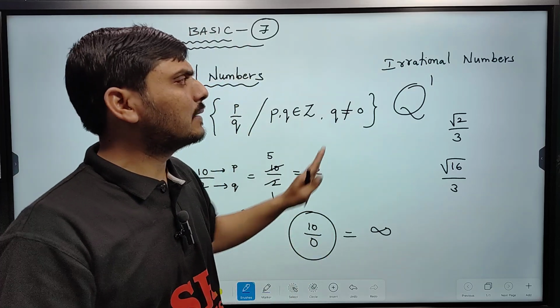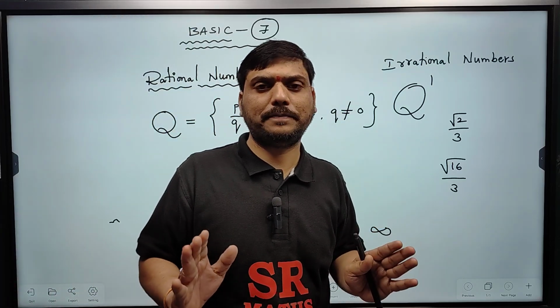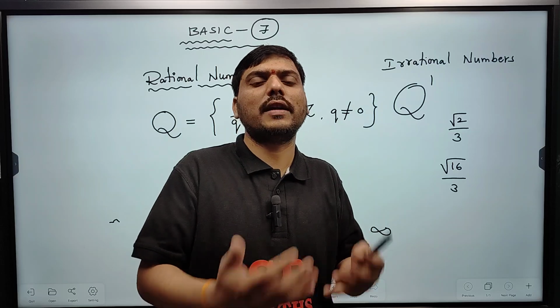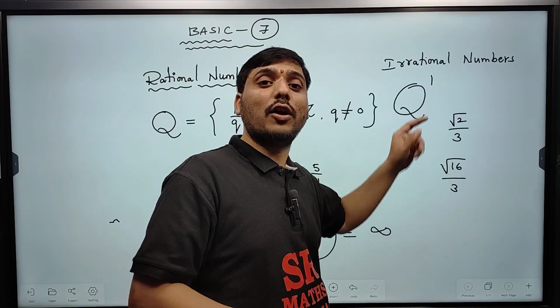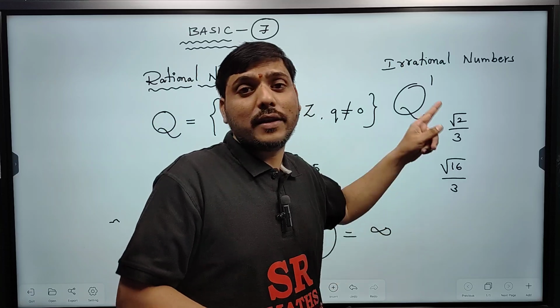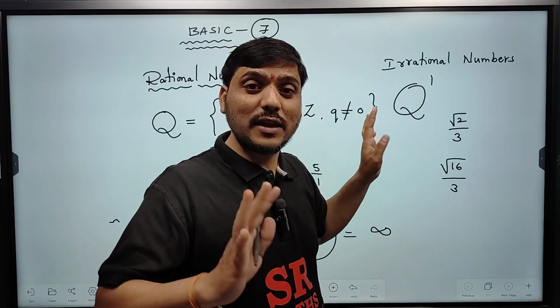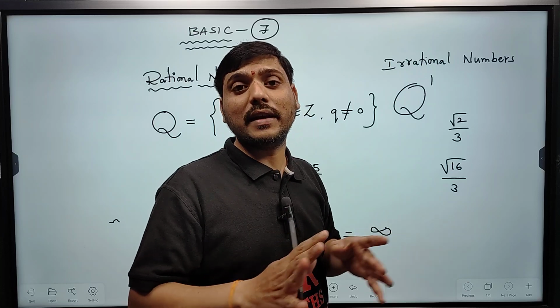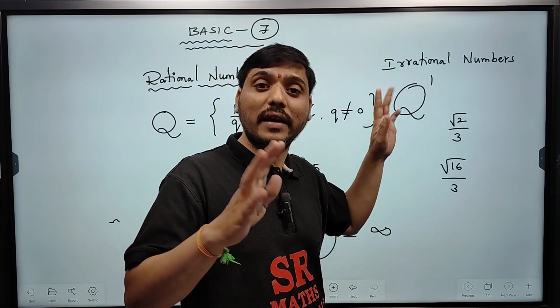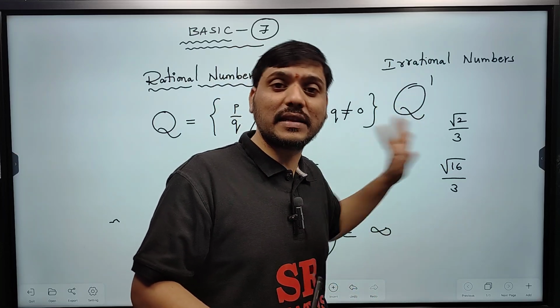Now, irrational numbers are nothing but numbers that are not in the form p by q. Rational numbers are in p by q form, where p, q belong to Z, so here q is 3, which is an integer. Root 2 is not an integer, so it is not a rational number; it is an irrational number.